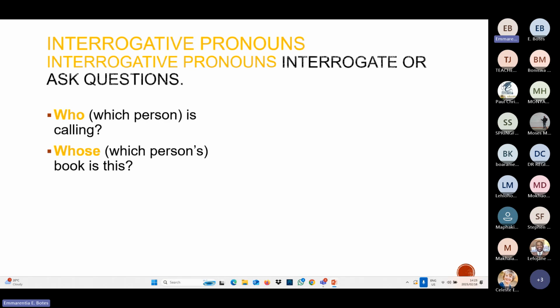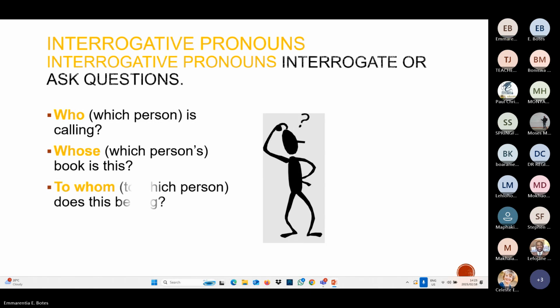Whose book is this? That refers to which person's book it is, but we use the interrogative pronoun whose. Or we can say to whom, so to which person does this belong, where whom will be your interrogative pronoun.